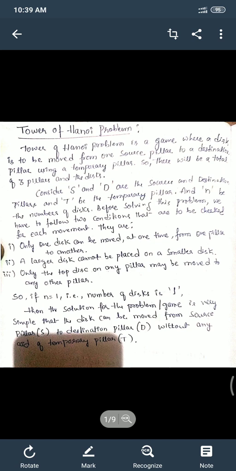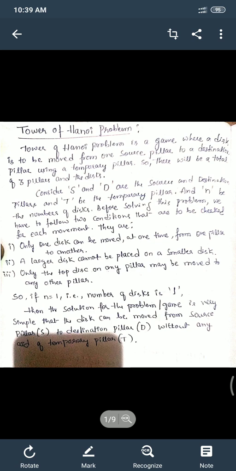If n is equal to 1, that is, the number of disks is 1, then the solution to the problem is very simple. You can take that disk from the source pillar to the destination pillar. In this case there is no need for a temporary pillar.